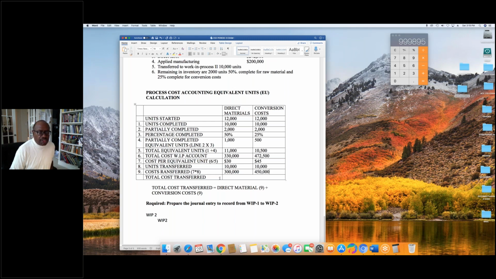Therefore, the total cost transferred, 300 plus 450, is 750,000. So we're transferring out 750,000.